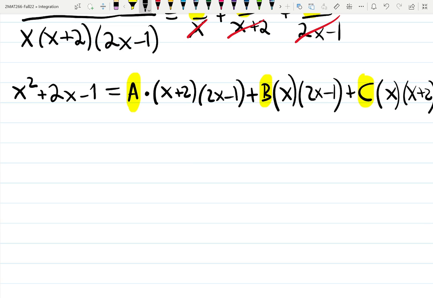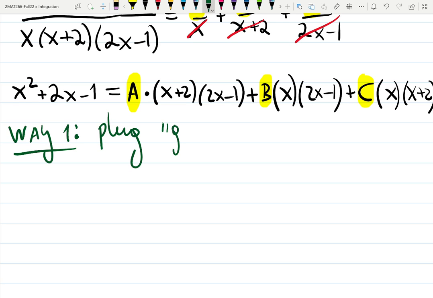And I will introduce 2 methods for you to do that. Method 1, I call it way 1, because it's faster to write. You plug in some convenient numbers. I'll call them good, but I mean convenient values. Just plug something into x, whatever feels good to you. What's the first convenient number that comes to your mind? 0. 1 also works.